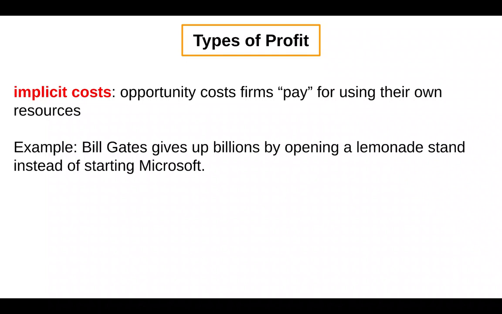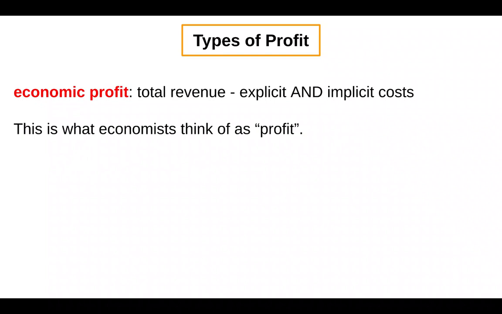And so, what an economist would say is that a firm should not just consider the explicit costs of the resources, but also what is the firm giving up? What is the firm saying no to by engaging in the business that they are? And so, we as economists are much more concerned with what's called economic profit, which is total revenue minus all costs, both explicit and implicit costs.